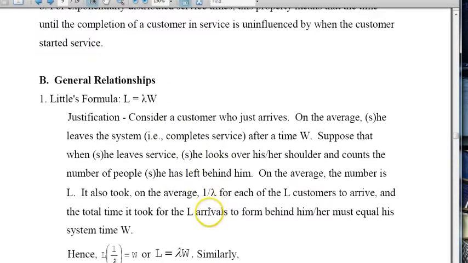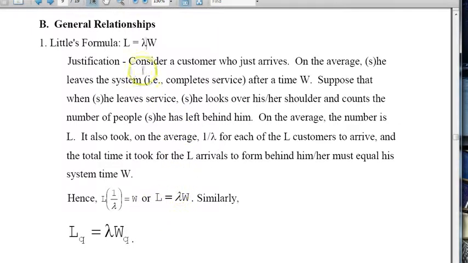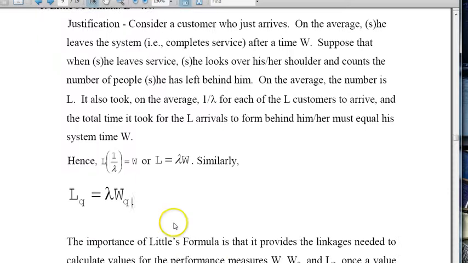So here you see a justification for this, but also if you take your system as the queue only, excluding the servers, just the queue, then Lq, the number of customers in the queue, would be the same as the arrival rate times how long a customer waits in the queue. So Little's formula applies in both cases, whether your system is just a queue or the whole system including service time.